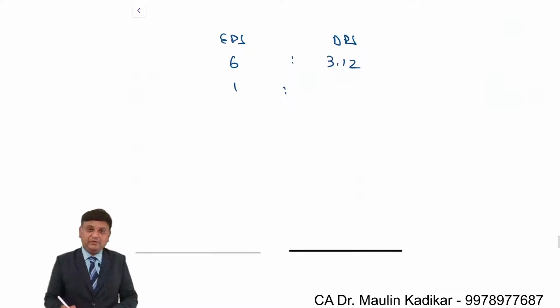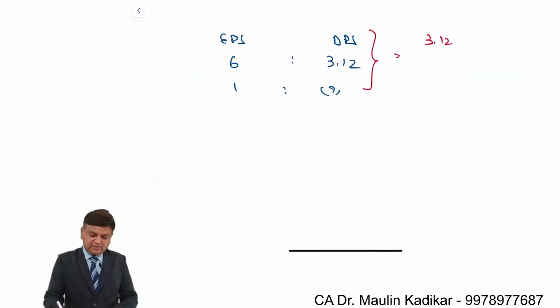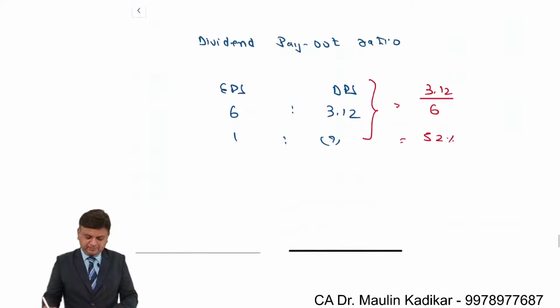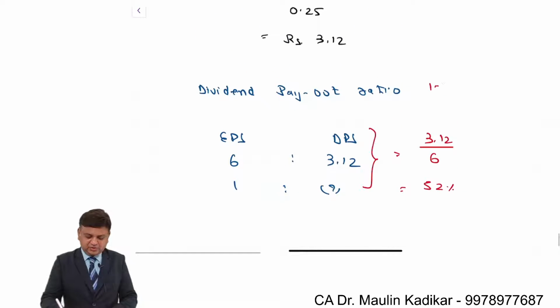So for every 1 rupee of the earning, dividend per share is this amount. So it is 3.12 upon 6. That is 52%. This is the way the dividend payout ratio is required to be found.